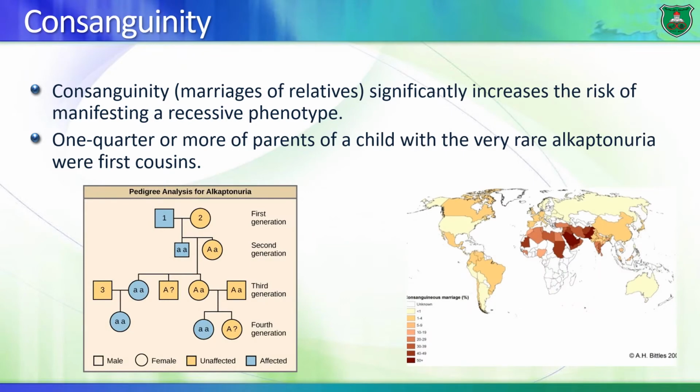Now, one of the major reasons why recessive disorders are shown is consanguinity, that is marriage among relatives. So you have this marriage of cousins, second cousins, and so on. That increases the risk of being affected with a recessive disorder.